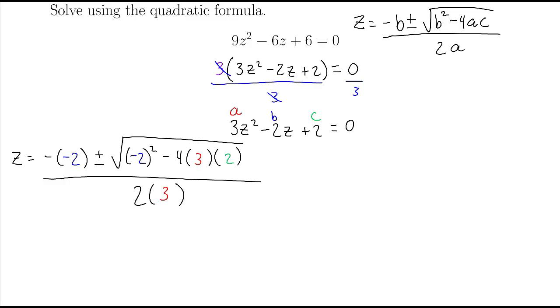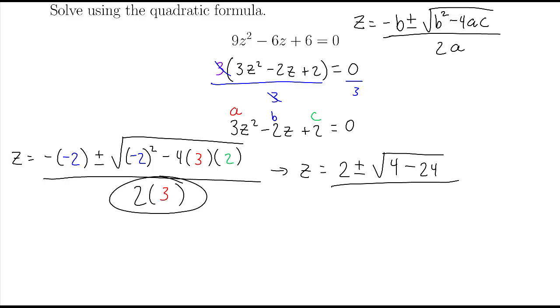Now, negative, negative 2. Negative, negative is positive, right? So this is positive 2 plus or minus the square root of negative 2 squared, which is positive 4, minus negative 4 times 3, which is negative 12. Negative 12 times 2 is negative 24. So minus 24. And all that is over 2 times 3, which would be 6.